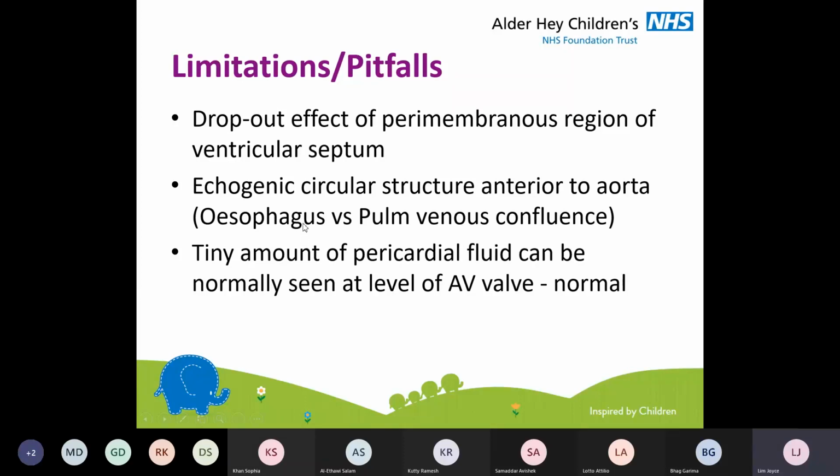Some people might confuse a dilated esophagus, because the child is swallowing, with a possibility of a pulmonary venous confluence. You can see tiny amounts of fluid around the baby's heart itself, which is quite normal if it's less than 2-3 millimeters.